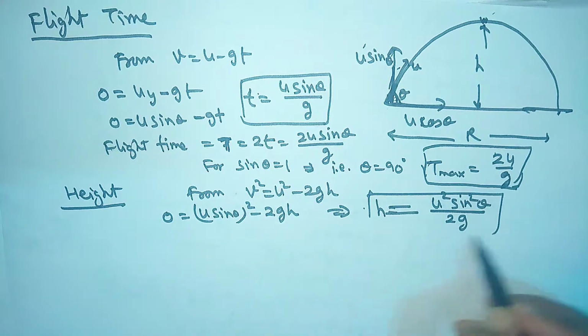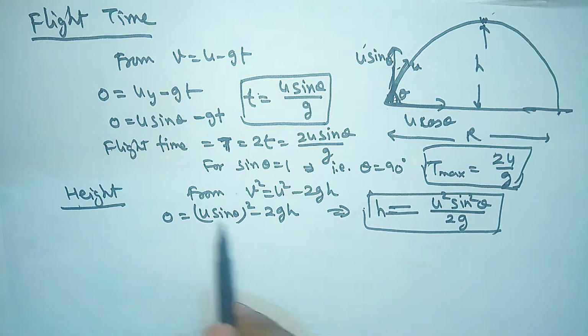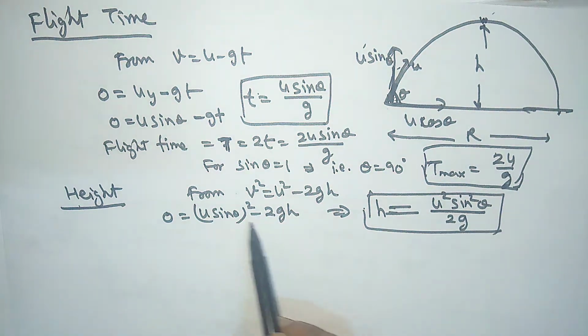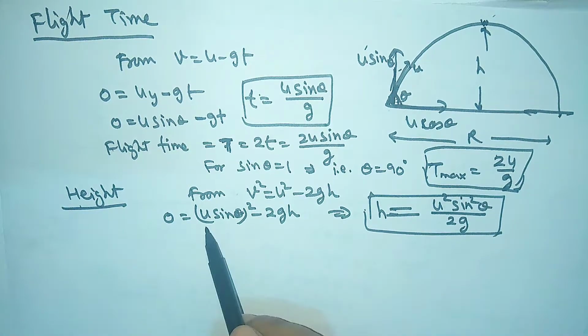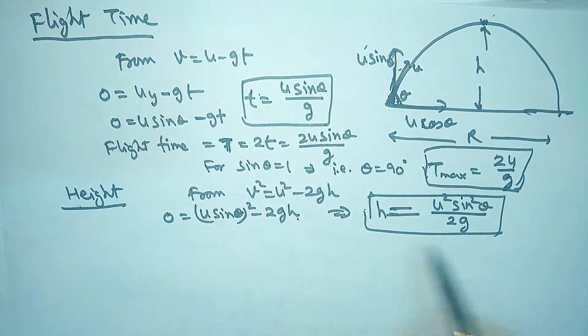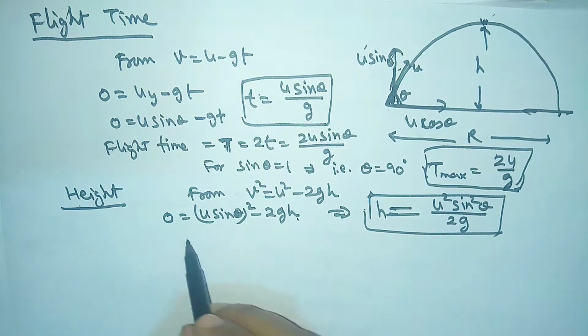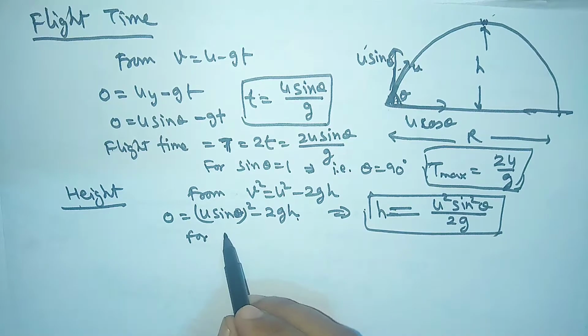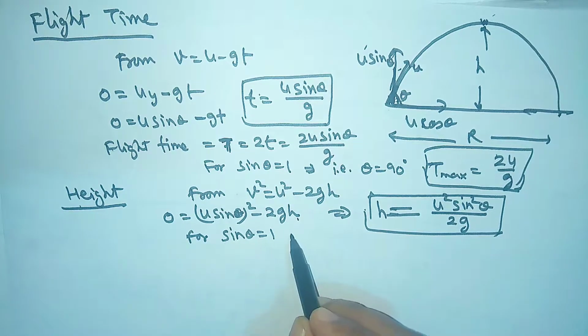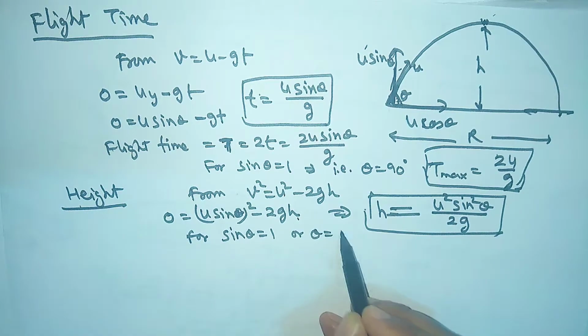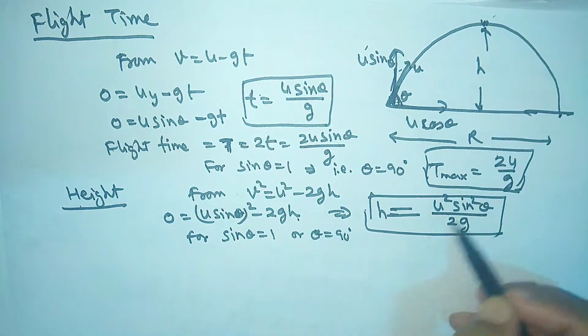Okay, this is the height of the projectile motion. Okay, u square sine square theta upon 2g is equal to h. This is the height. Okay, and for sine theta is equal to 1 or theta is equal to 90 degree, it will be maximum.